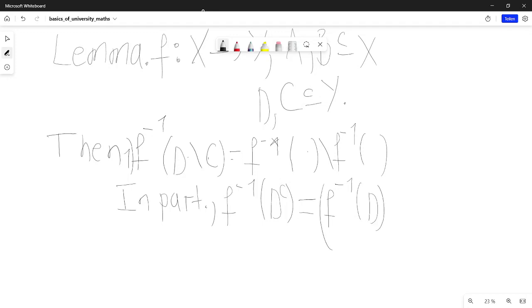Right? Because D complement is just Y without D, then we apply that, and we have f minus 1 of Y, which is of course X. You can check it for yourself. And then you have X without f minus 1 of D, and that is the complement, right? All right, then 2.